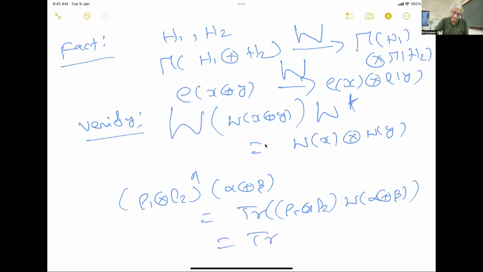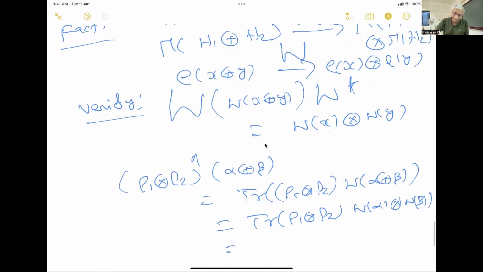Which is the same, as we are assuming, as rho 1 tensor rho 2, W of alpha tensor W of beta. Now trace respects the multiplication. This is just trace of rho 1 W of alpha times trace of rho 2 W of beta.